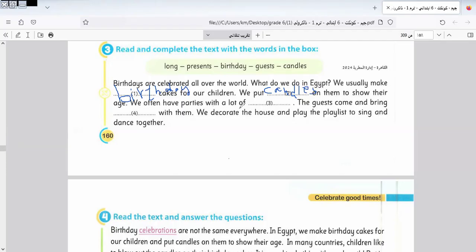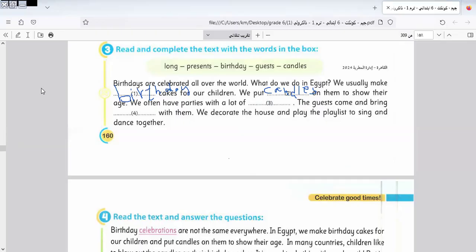We often have parties with a lot of presents. The guests come and bring presents. I think it's wrong, but we often have parties and a lot of guests.